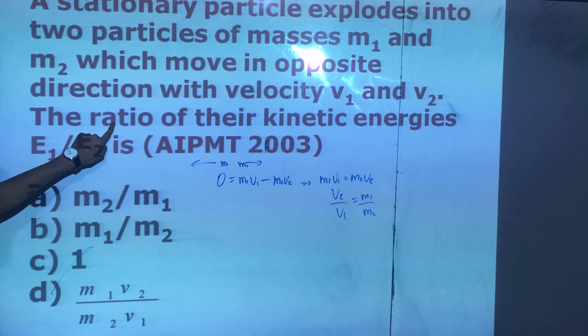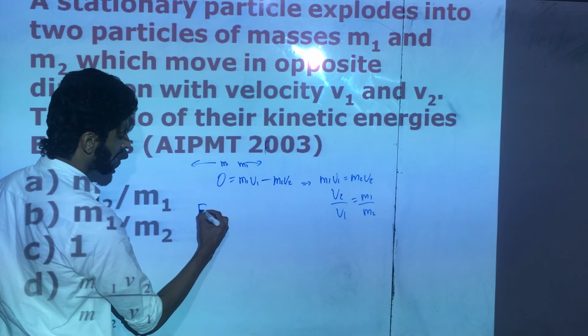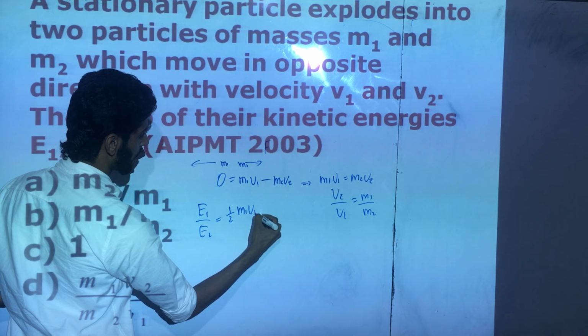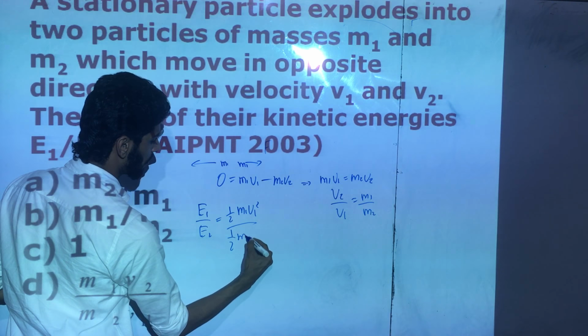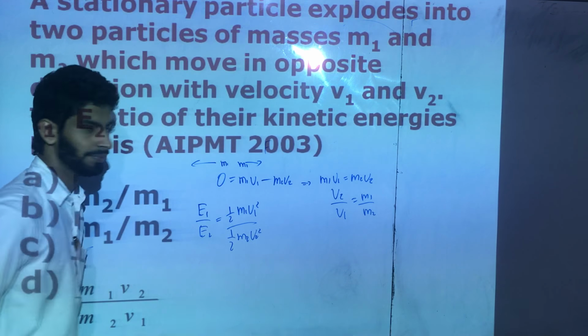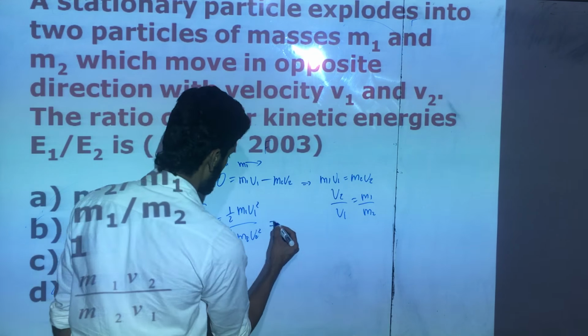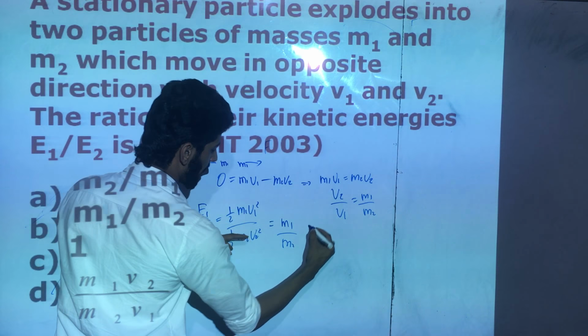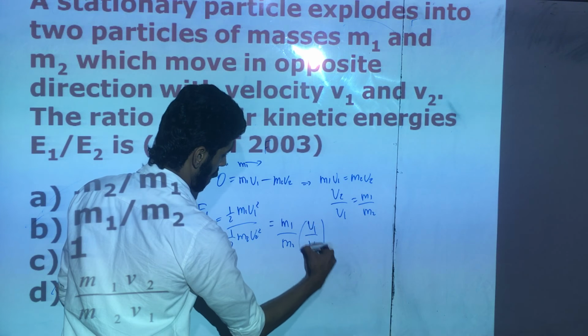But they have asked the ratio of their kinetic energy. So E1 by E2 is equal to half m1 v1 square by half m2 v2 square, which is m1 by m2 times v1 by v2 whole square.